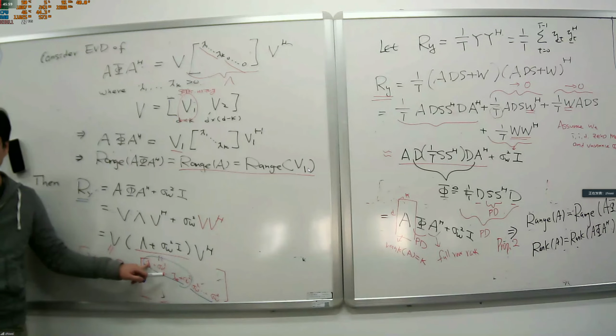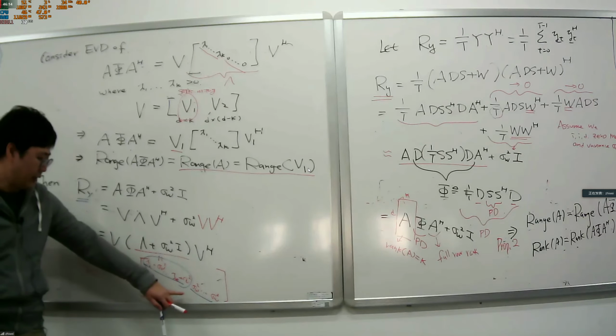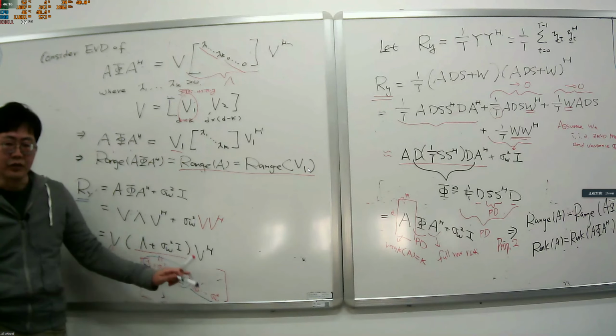So a simple way to get the value of K is to check the eigenvalues, and you should see a significant gap between the K-th eigenvalue and the K plus 1-th, if the noise is not too large.